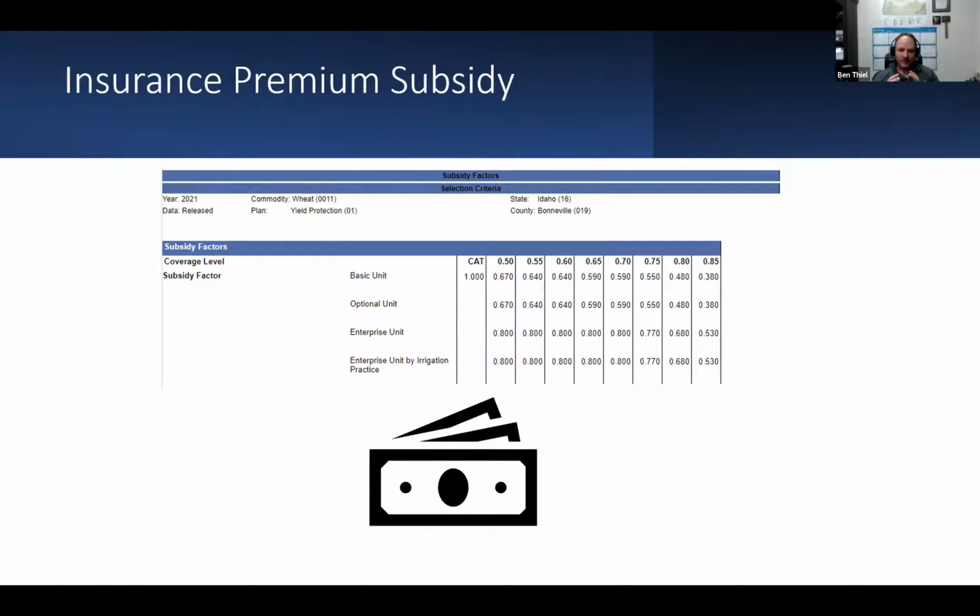The more you group things together, you move into higher categories of units, enterprise unit being a consolidation of the groupings. Since that would be less risky, it's rewarded by the subsidy going up. So on a 75% coverage level, the subsidy goes to 77%. So a substantial portion of that premium is being paid by the government as opposed to what the producer has to pay.